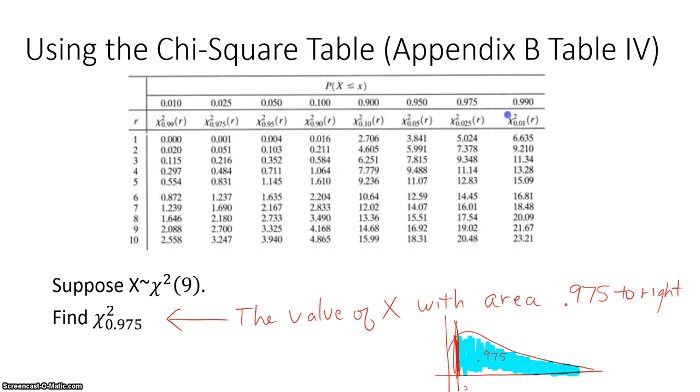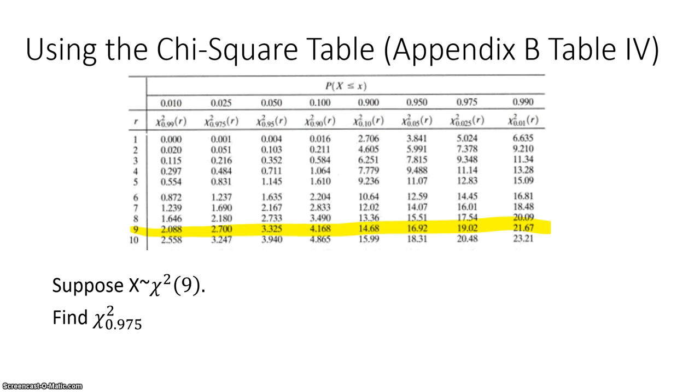And that's what this portion of the table gives us. So we need to work in the row with the right degrees of freedom. So here's 9 degrees of freedom. We want 0.975 as our area to the right, so we find that up here. And then we go down the column, and we can see that the value of X that has 0.975 to the right is 2.700.